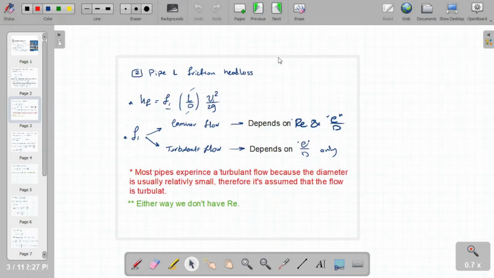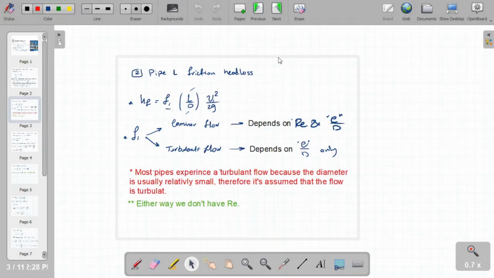The friction coefficient basically depends on the flow type. If we have laminar flow, then the friction coefficient, F1, depends on the Reynolds number and the E over D, which depends on the type of the pipe.